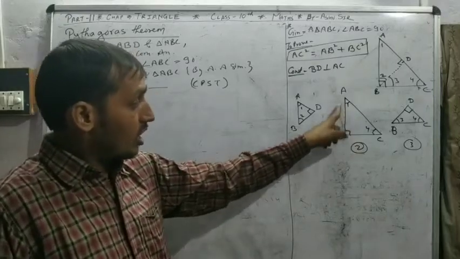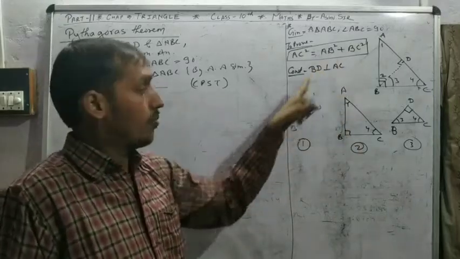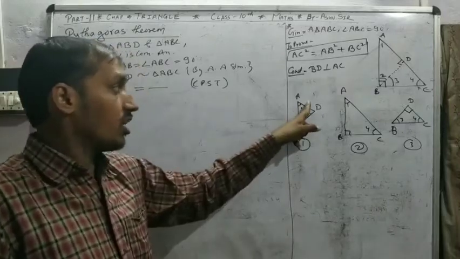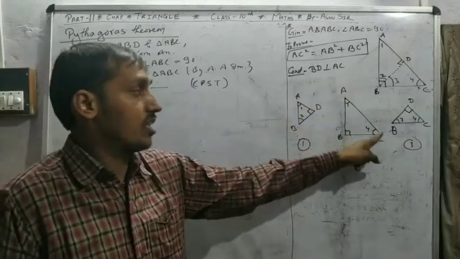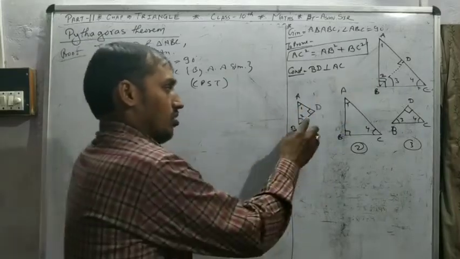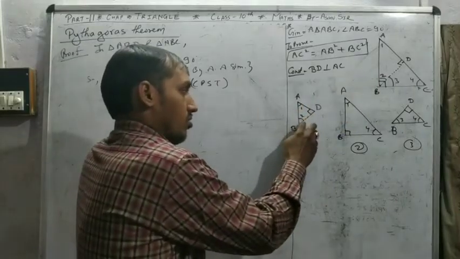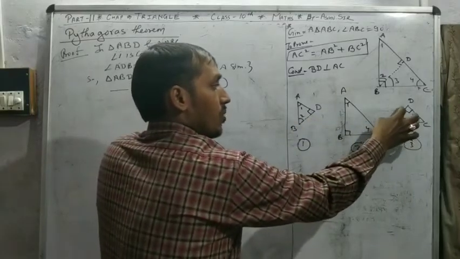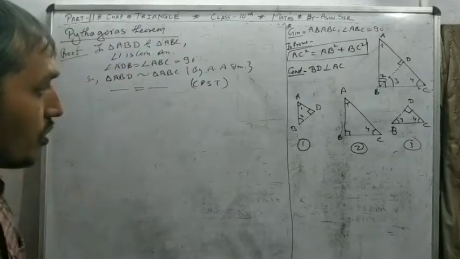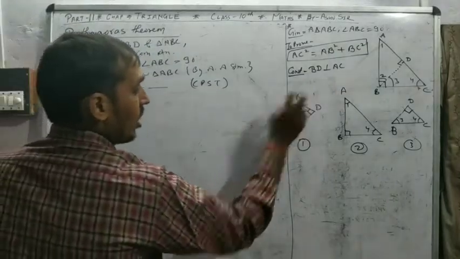So we have to use all these 3 sides, but BD we have no use. AD, yes, AD is a part of AC, so this has a use, but BD is not a part of the whole triangle, so BD has no use. So we only take 2 sides, AB and AD.